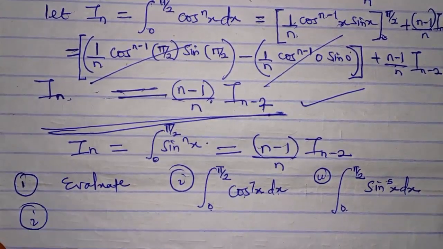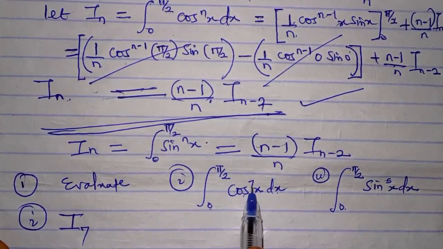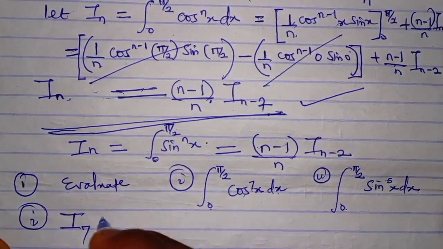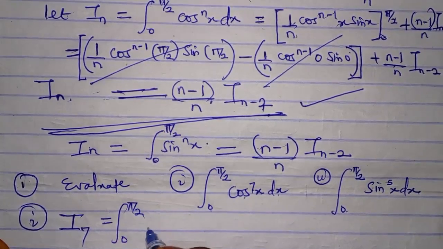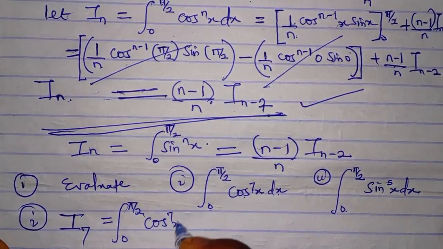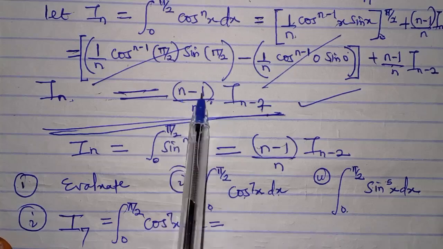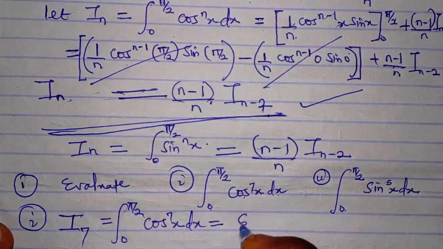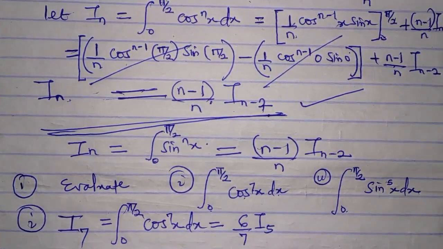Now, for the first one, it will be I7 because n is 7 here. So the integral from 0 to pi over 2 of cos^7 x dx. Here n is 7. 7 minus 1 is 6. That will be I5, right?